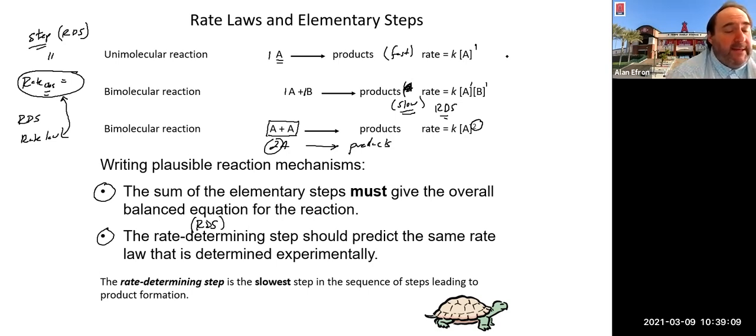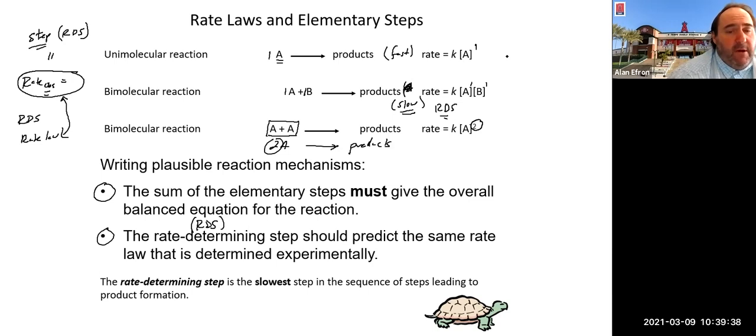And in those types of problems where they don't label each of the steps as fast or slow, you could go to each of the steps, and at some point you will find a rate law for a particular step, say the second step in the mechanism. You write the rate law for the second step, and that rate law will match the one that's experimentally found. And because they match each other, that means that should be your rate determining step.